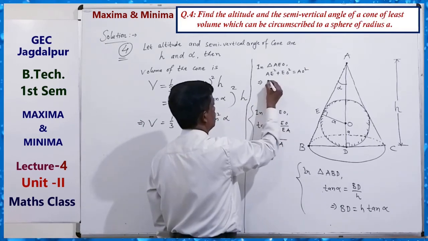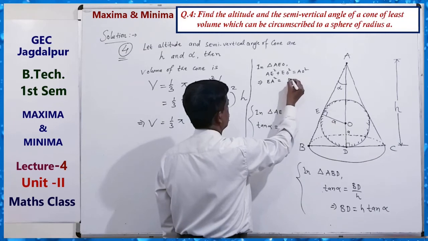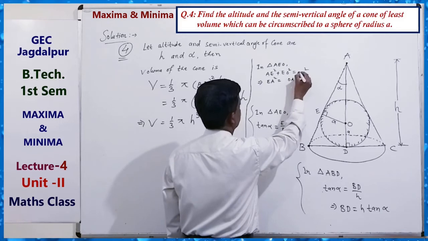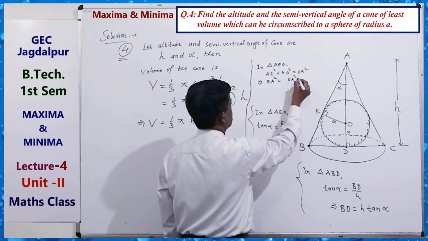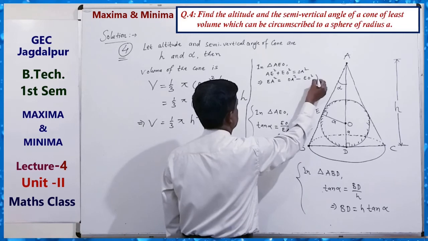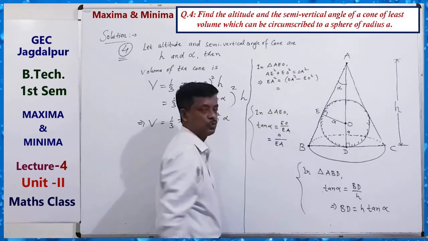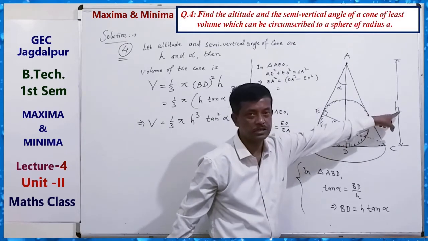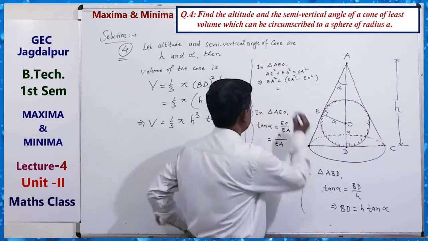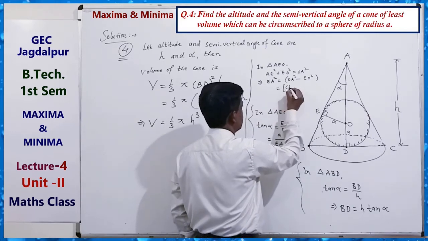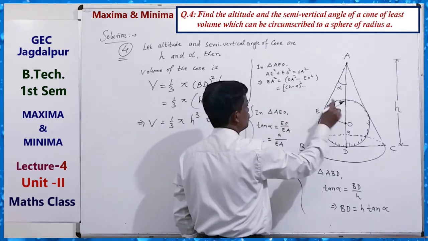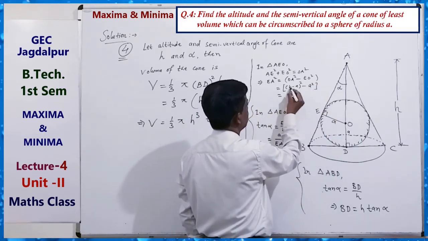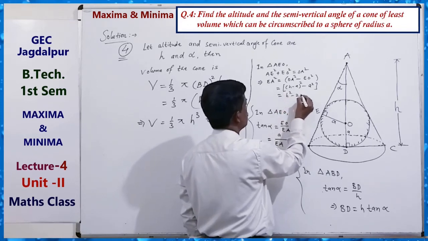So EA square equals OA square minus EO square. OA is total h minus a, so EA square equals h minus a whole square minus a square, which is h square minus 2ah.